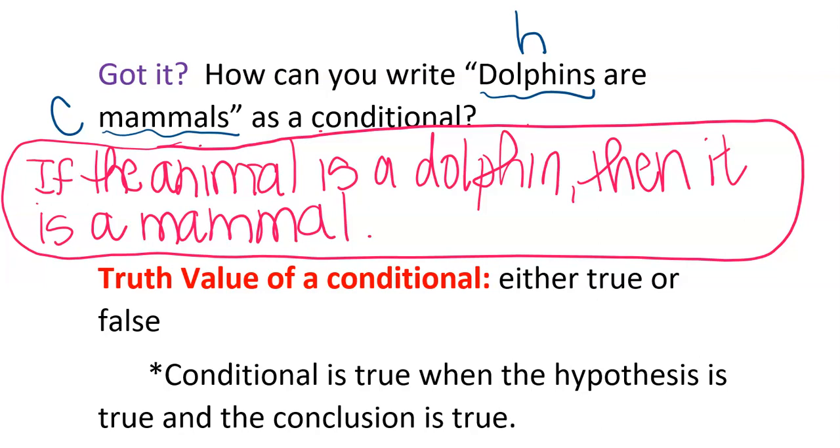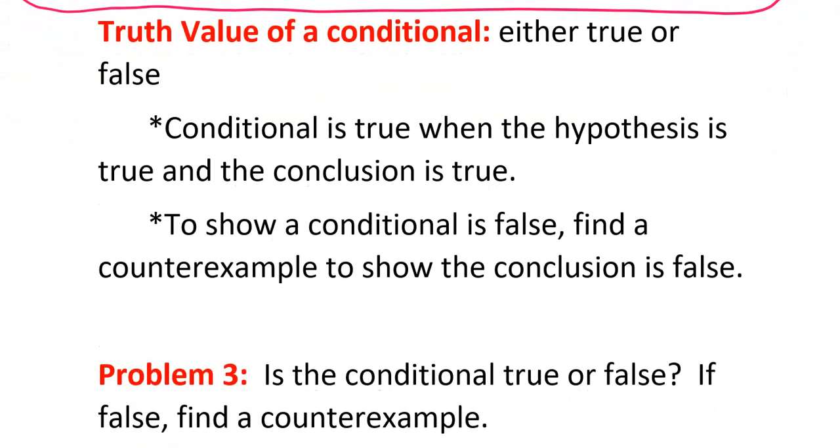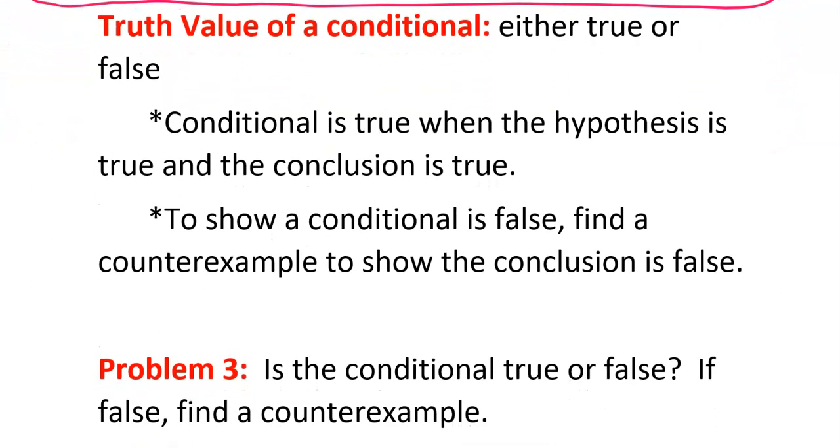Now, the truth value part is going to be quite a bit different. You have to figure out if the sentence is true or false. And there's certain things you have to know about that. So a conditional is true when the hypothesis is true and the conclusion is also true at the same time.